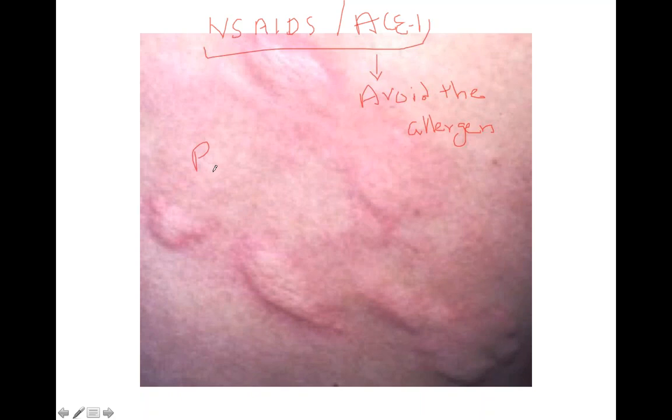You will not go for RAST test. Any questions? No RAST test. You suspect urticaria, avoid the allergen. Next.